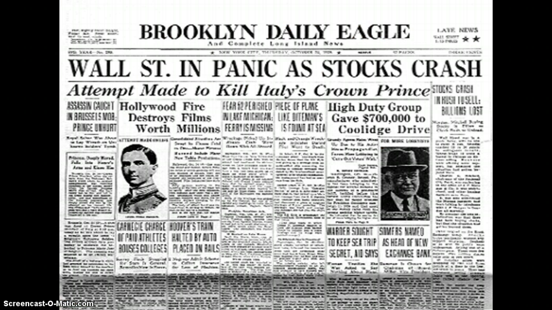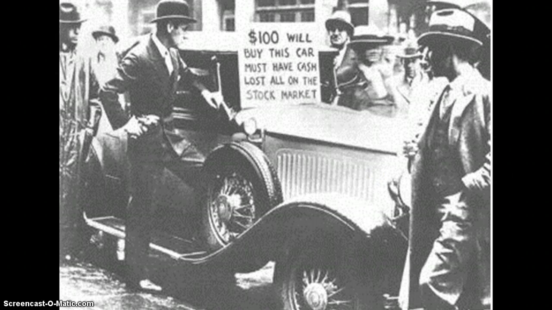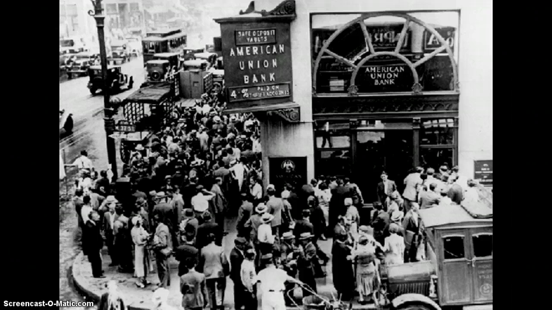So eventually the stock market crashes, and this causes a lot of stress on the economy as a lot of banks start to struggle and individuals lose fortunes. Here are some people trying to get money out of their bank.